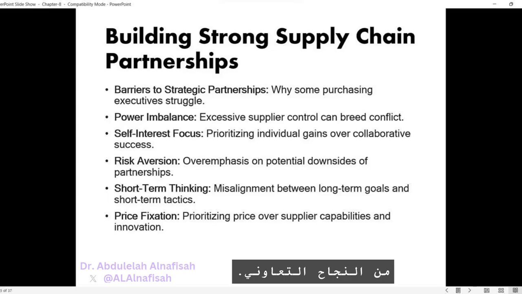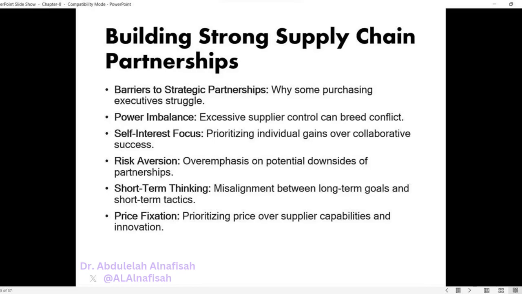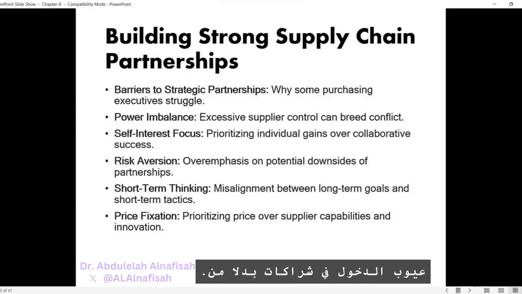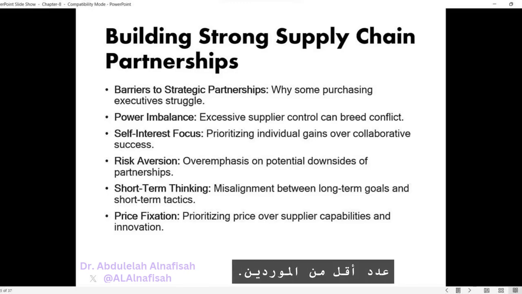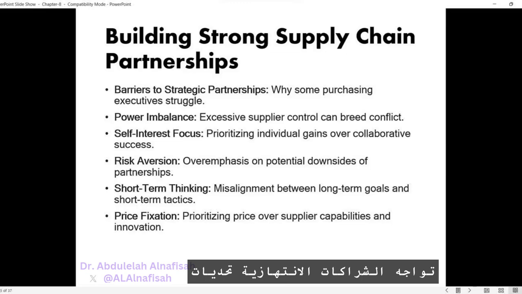collaborative success. 3. Focus on negative implications. Buyers tend to emphasize the risks and drawbacks of entering into partnerships, rather than recognizing the benefits of increased dependence on a smaller number of suppliers. 4. Opportunism.